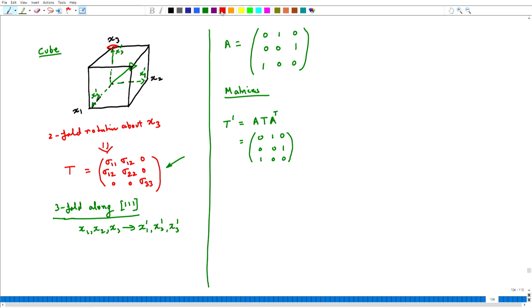So, let us write this. T11, T12, 0, T12, T22, 0, 0, 0, T33. Here I have used sigma sometimes. I have been using sigma and T sometimes interchangeably, but let me make everything T only.